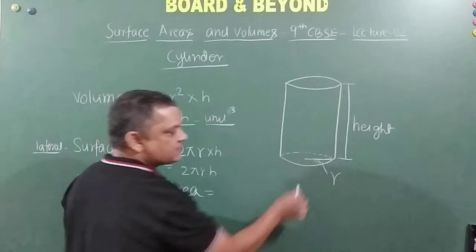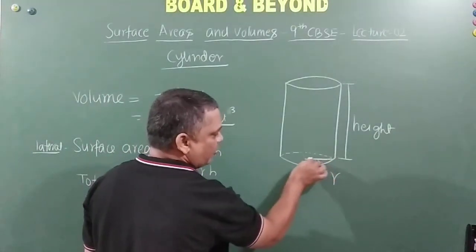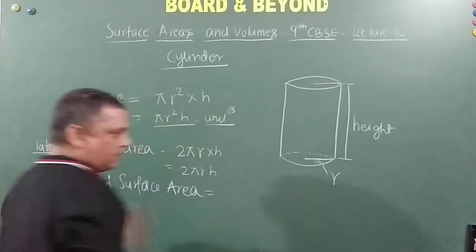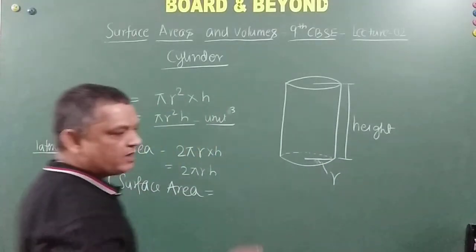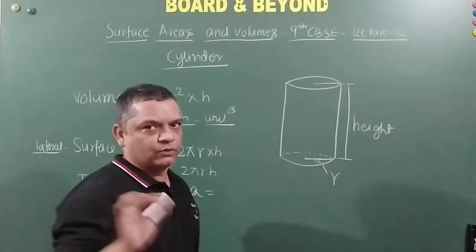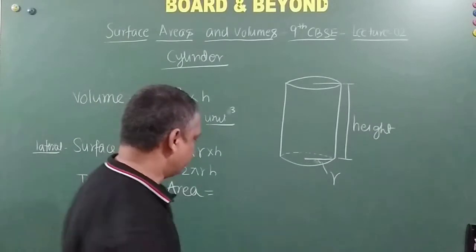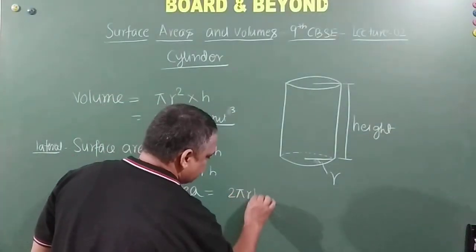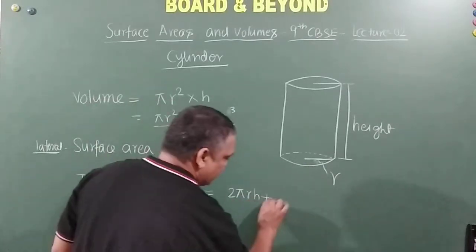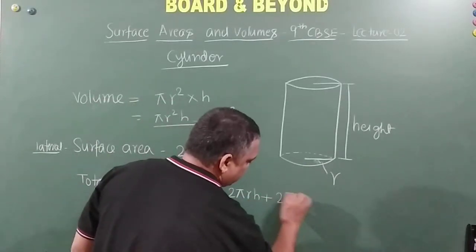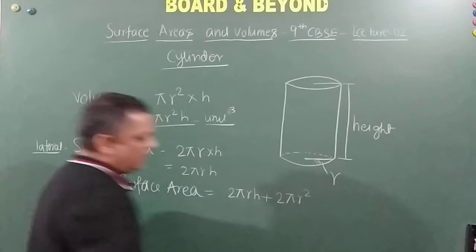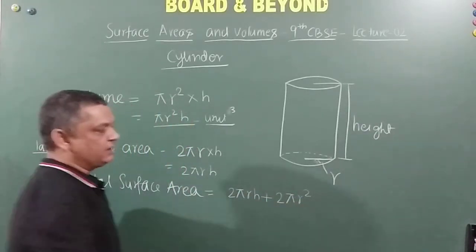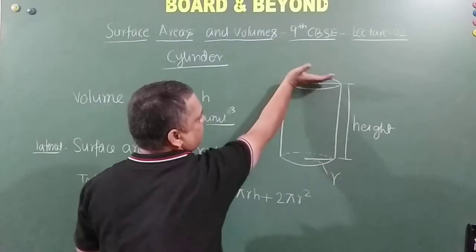So we all understand that the surface area of the top and the bottom is nothing but pi r square. Do you all agree to it? Okay, so let's add it here. 2 pi r h, the lateral surface area, plus 2 pi r square. Are you all there with me? Why did I get 2 pi r square? Because there is a bottom and there is a top.